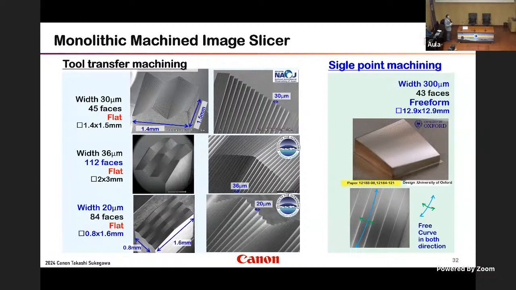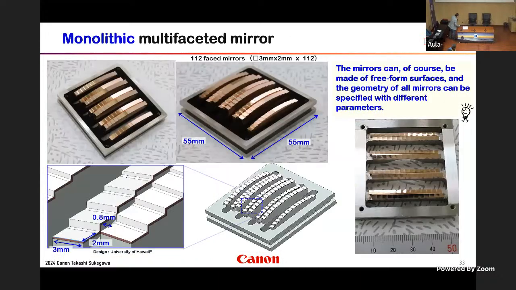Anyway, this is a very new challenge. Oxford is using freeform. So now you can make any shape, and an integral field unit with not only the slicer but also correcting mirrors. After the slicer, the beam is divided into a different number, 100 something.